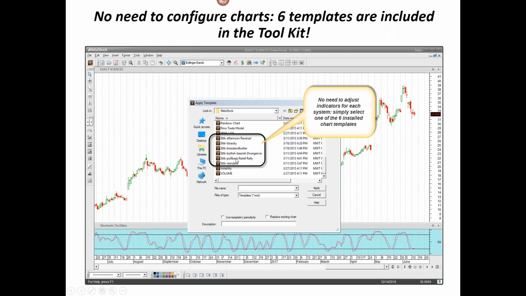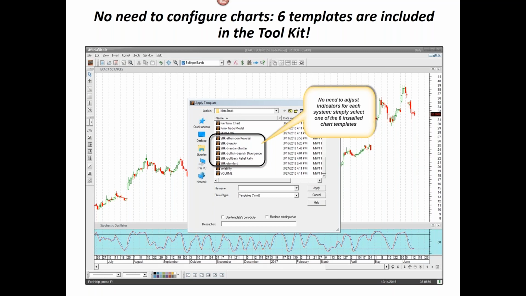Relief Rally is the short version of the system. Pullback is the long version of the system. And you would simply apply that to the chart, and it would give you the exact parameters that you need to determine the validity of the signals.